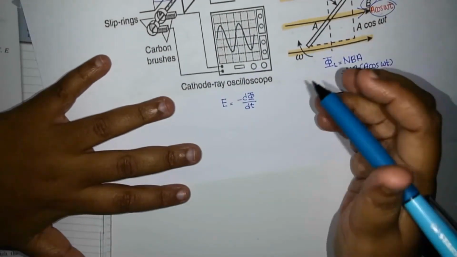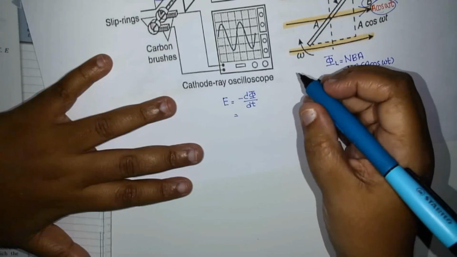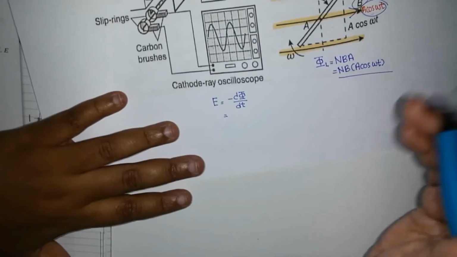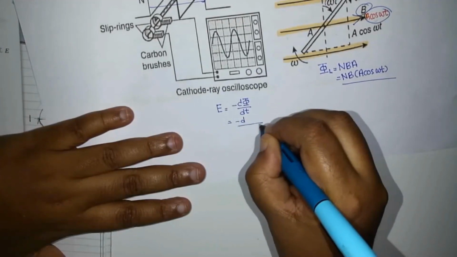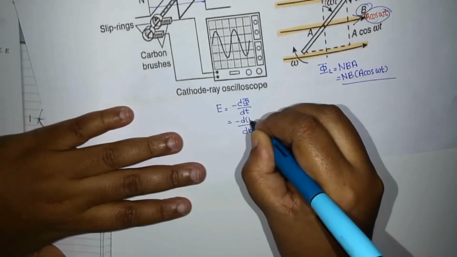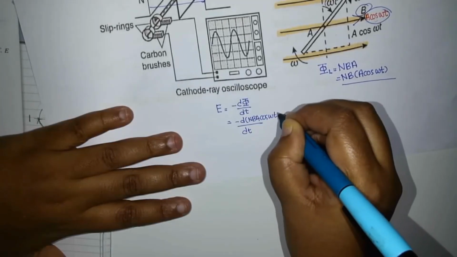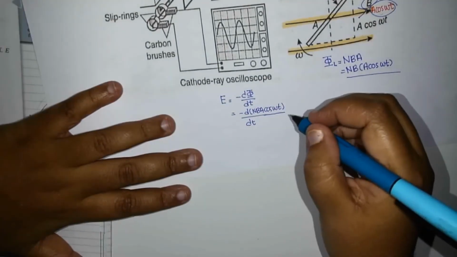So negative d phi over dt. And what is phi? Phi is NBA cos omega t. So we get negative d over dt of NBA cos omega t.